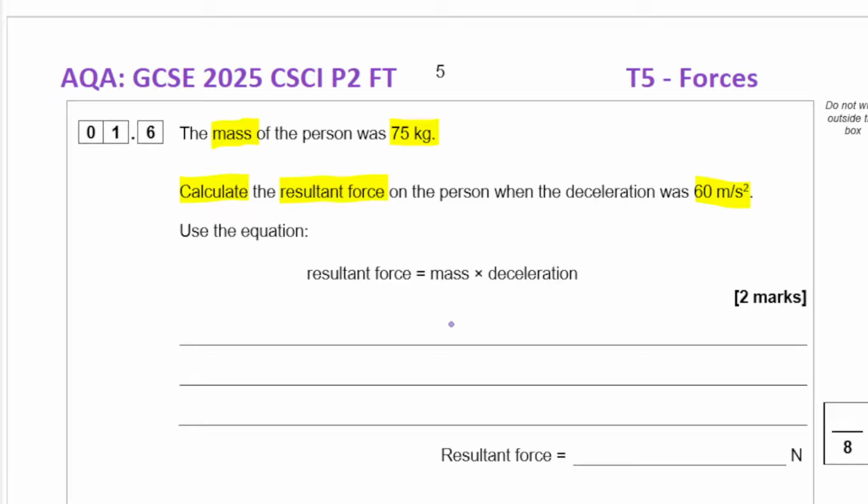Resultant force is mass, which is 75, multiplied by the deceleration, which is 60. That should give you 4,500. That's 4,500. That brings us to the end of question number 1. Let's have a look at question number 2.